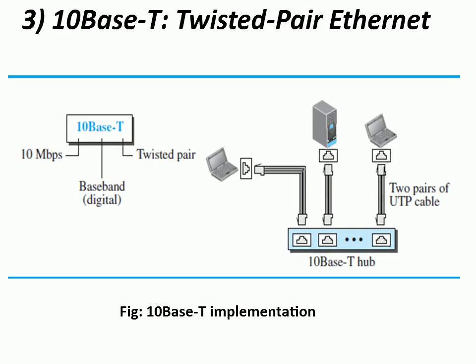And coming to the next one, that is 10BaseT, which is twisted pair Ethernet, right? Here this is the third implementation, and it uses physical star topology. As you can see in this figure, you will understand that. The stations are connected to the hub using two pairs of twisted cable.